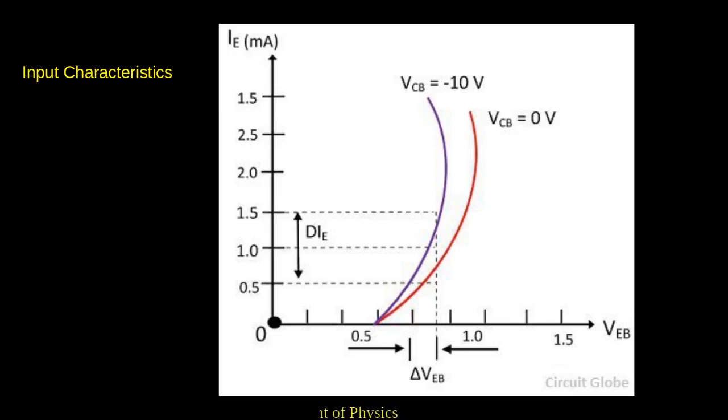The input resistance is the ratio of change in emitter base voltage to the resulting change in emitter current at constant collector base voltage VCB, and that is known as input resistance.